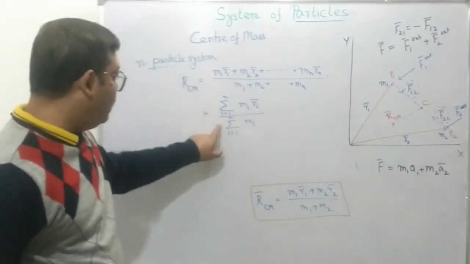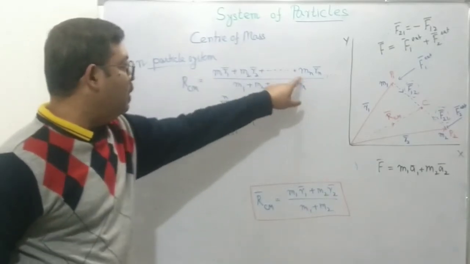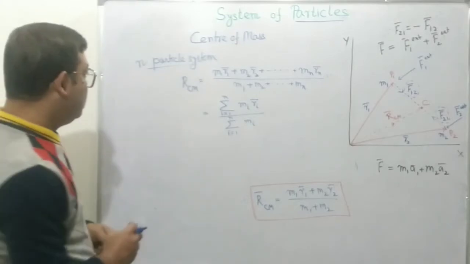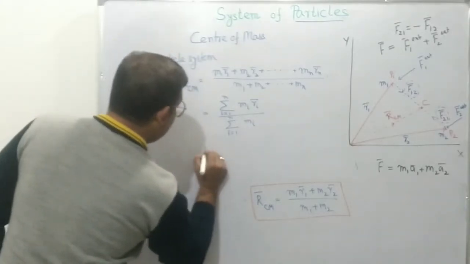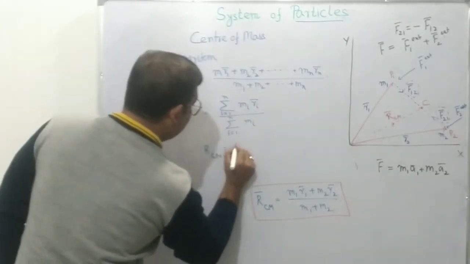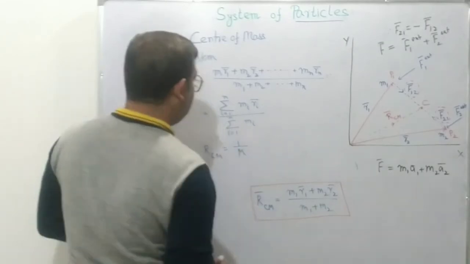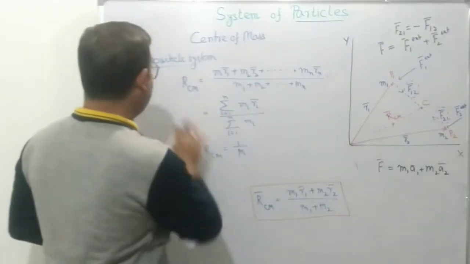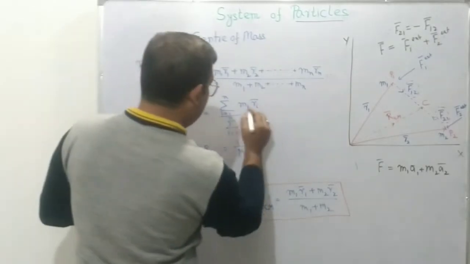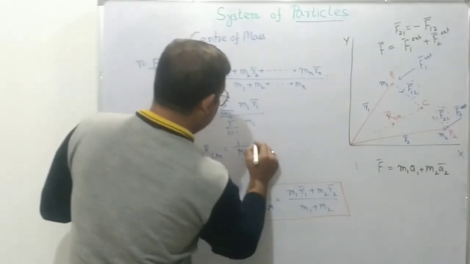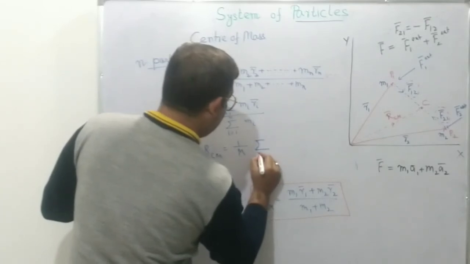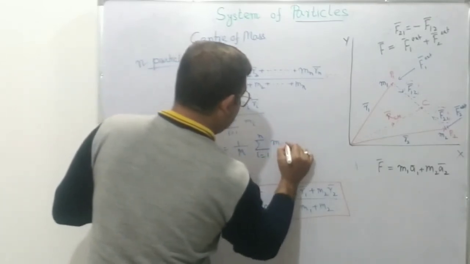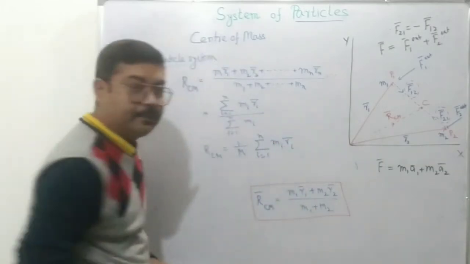However, this term in the denominator is equal to the total mass. So we can say R_CM can be given by 1 by m, total mass of the entire n particle system, not 2 this time, the n particle system, into summation of i equal to 1 to n mi ri.